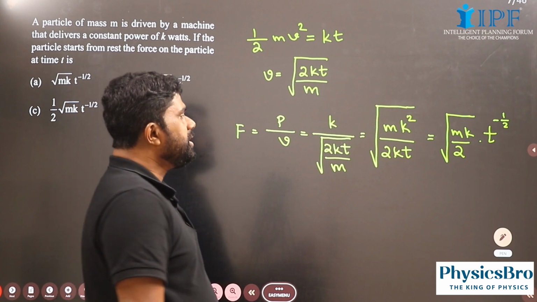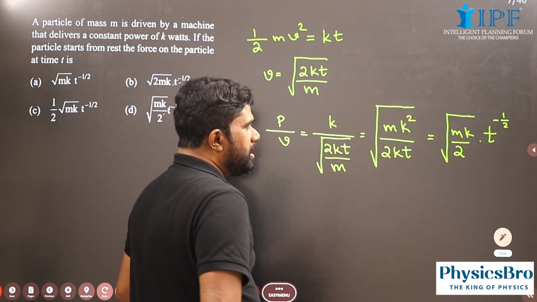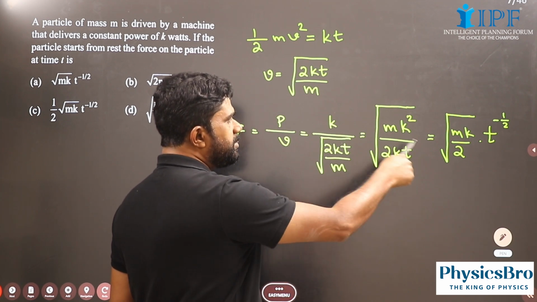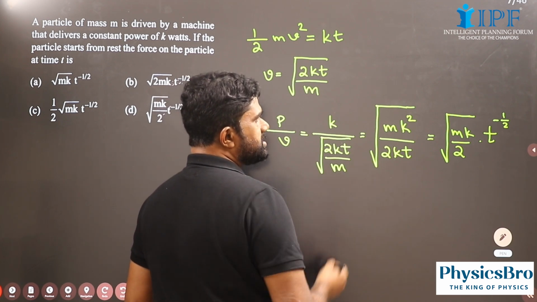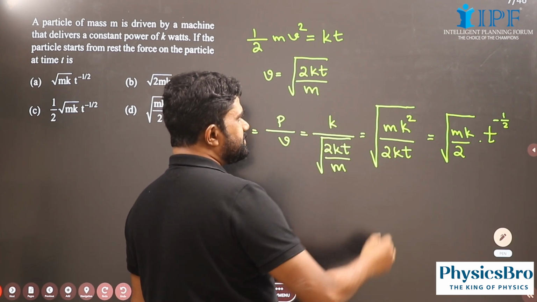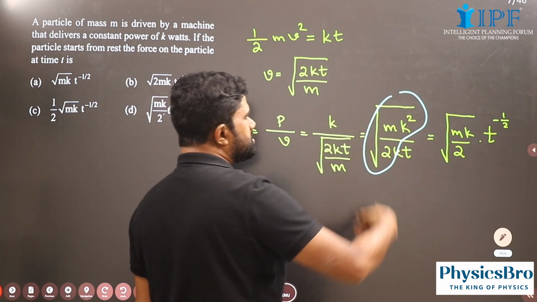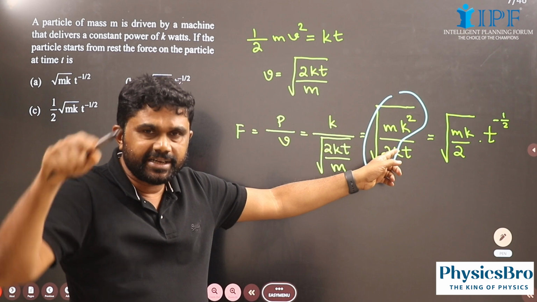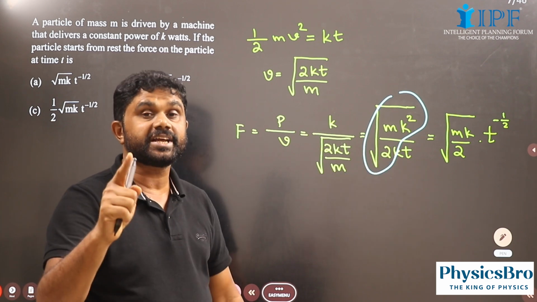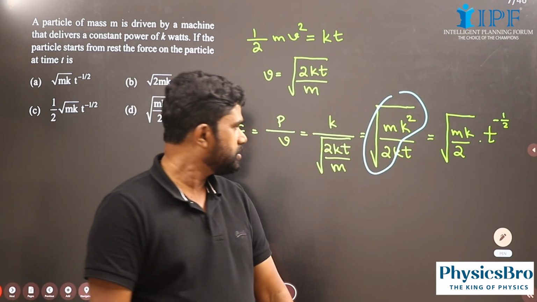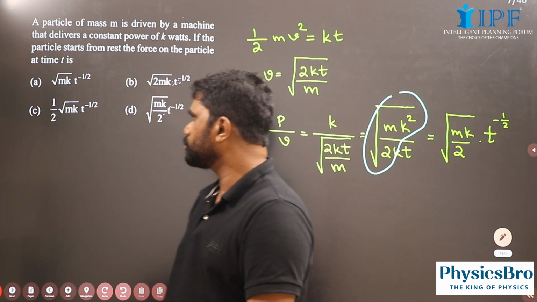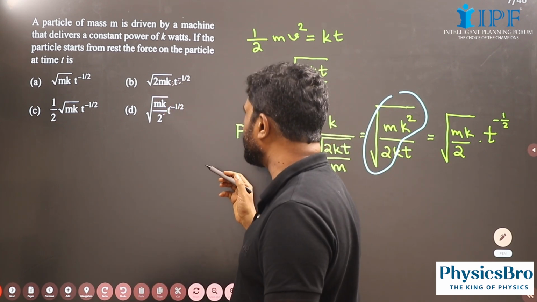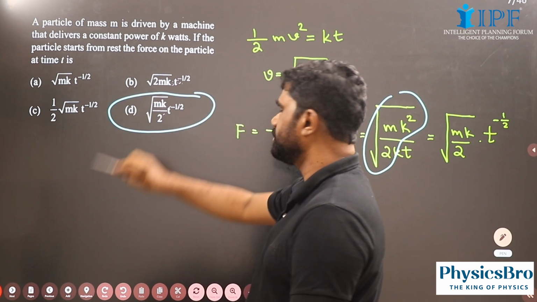So k we can take inside the square root sign, so it will be mk square divided by 2kt, of which this much is constant, and t is inside the root and in the denominator, which means it is t raised to minus half. So the force is proportional to t raised to minus half, or it is under root mk by 2 times t raised to minus half.